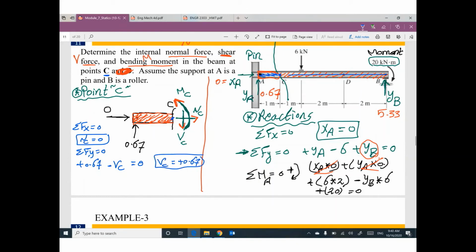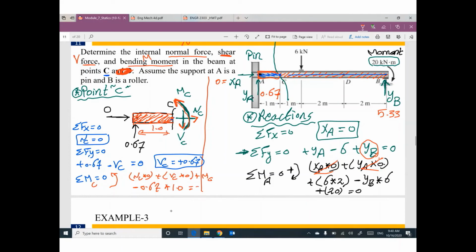The third one, summation of moments at any point equals 0. But I have a little recommendation here. Please take moment at C and assume this direction of the moment is positive. So if you take moment at C, NC times 0, VC times 0, MC does not need a distance, and negative 0.67 times 1, because this distance is 1.